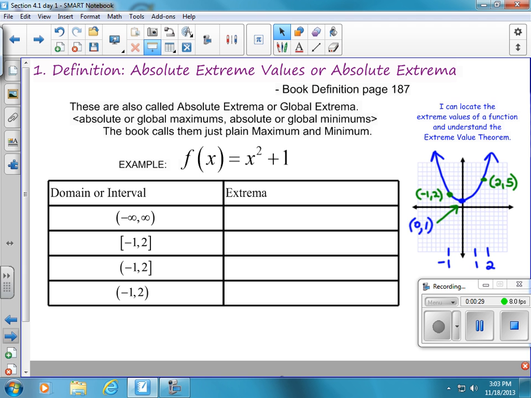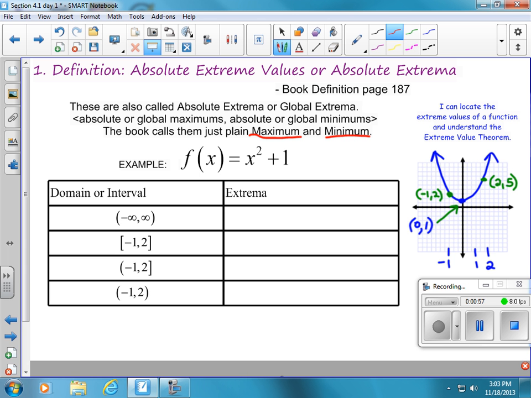All right, so there are two kinds of extreme values, two kinds of minimums and maximums. One is an absolute minimum or maximum. It's also called a global, and our book just calls it a max and a min. So these extreme values are the absolute highest y value on a function.